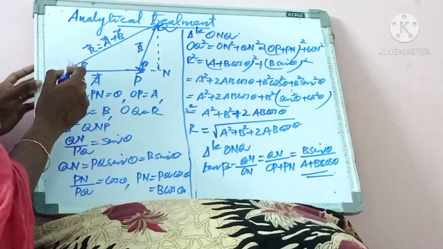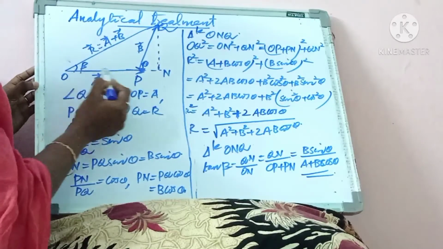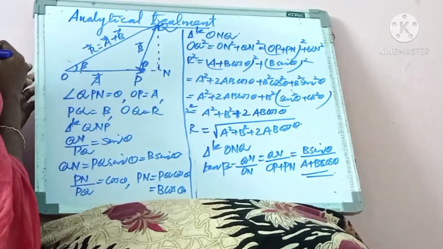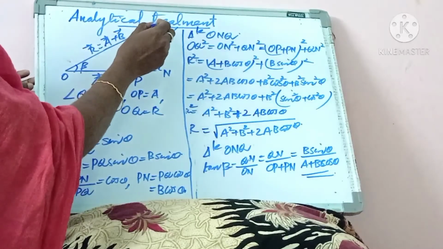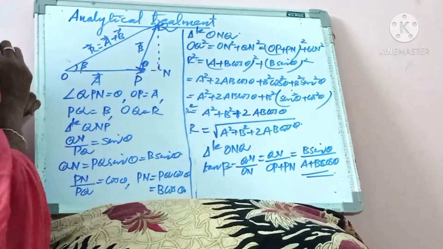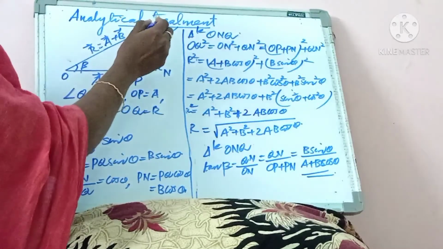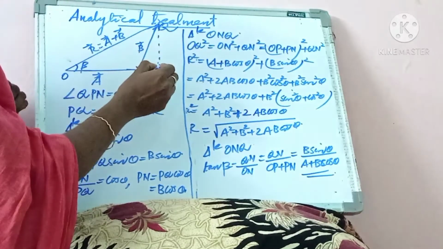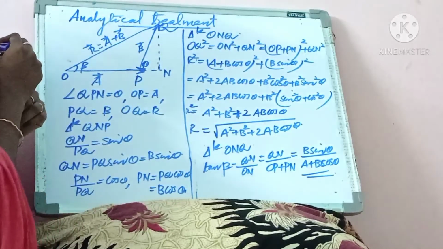For that, we extend the line OP, so we get the line ON. Then from Q, we draw the perpendicular QN to OP produced.